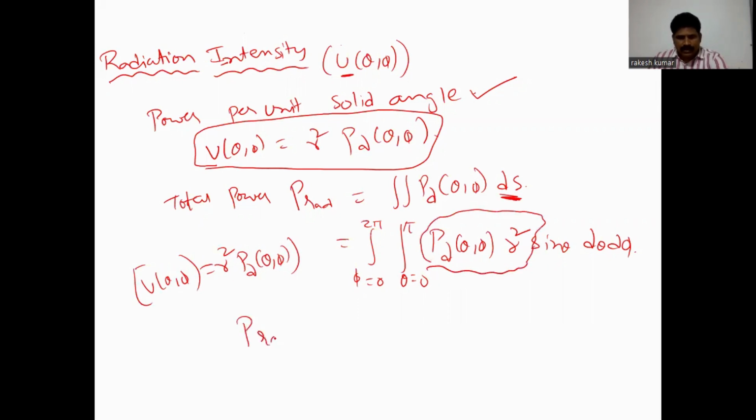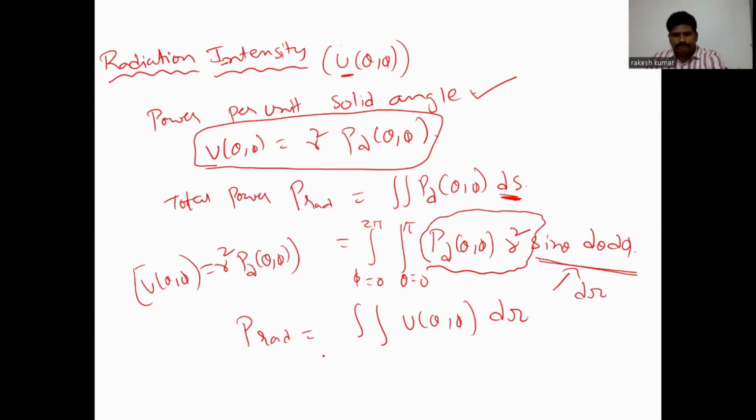Therefore, P radiated is equal to the double integral of U of theta comma phi into d sigma. This entire sine theta d theta d phi is equal to d sigma.